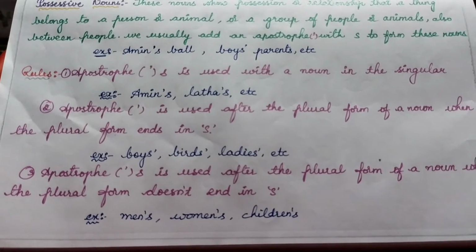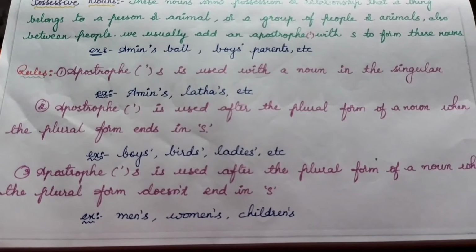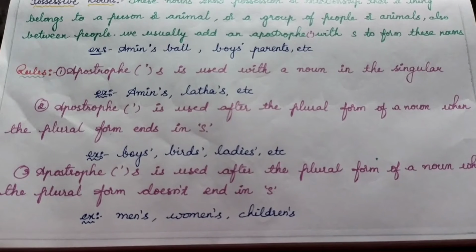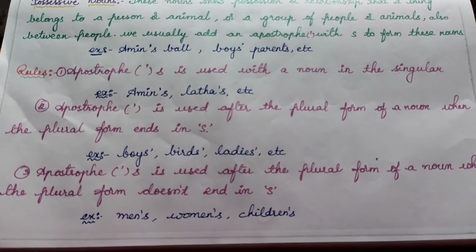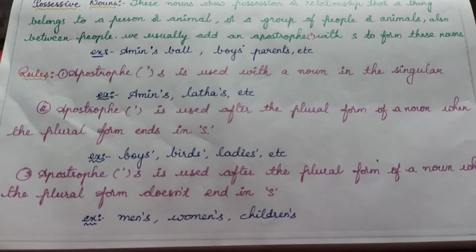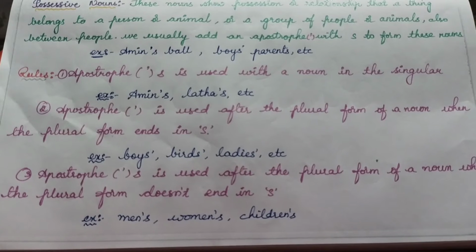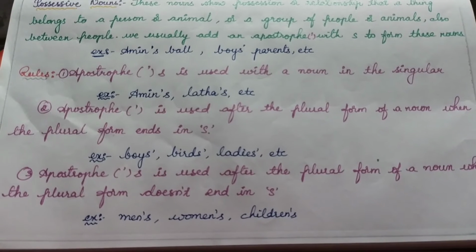So the second rule is, no s, only apostrophe is used after the plural form of a noun when the plural form ends in s. Here we need to understand, in the earlier examples of possessive nouns, the first example I said was Amin's ball, and then boys' parents.